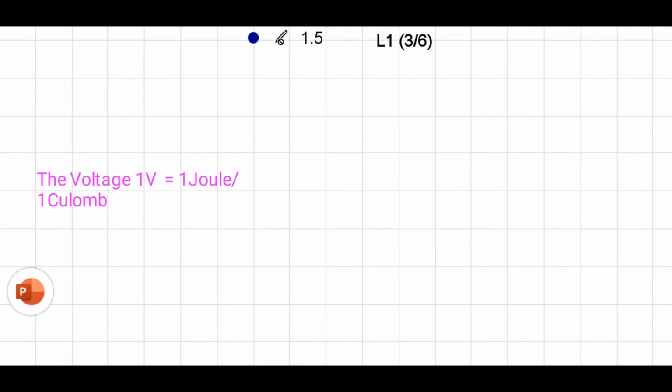So when we talk about what is meant by 1 volt, it means 1 joule of energy is applied per 1 coulomb. That is the concept of voltage. So far it is clear that in the battery there is a positive terminal and this is the negative terminal.